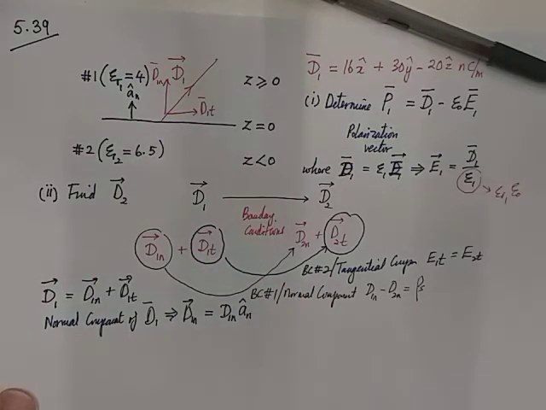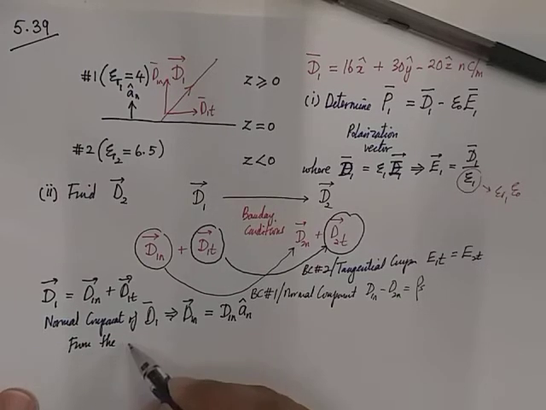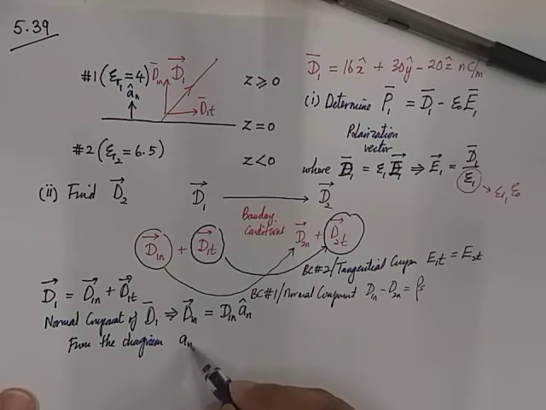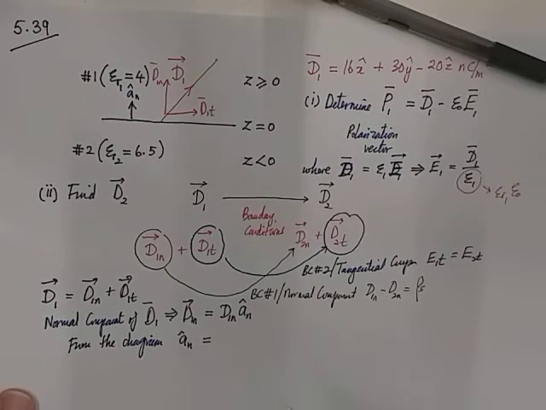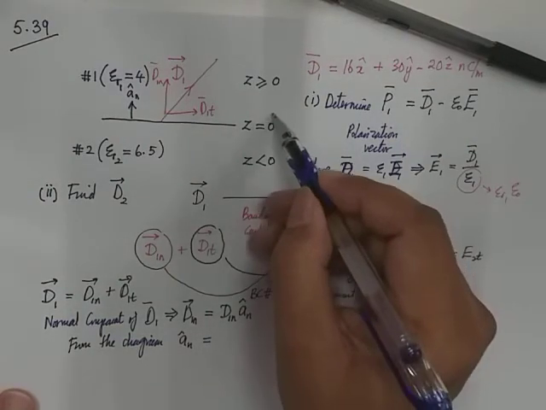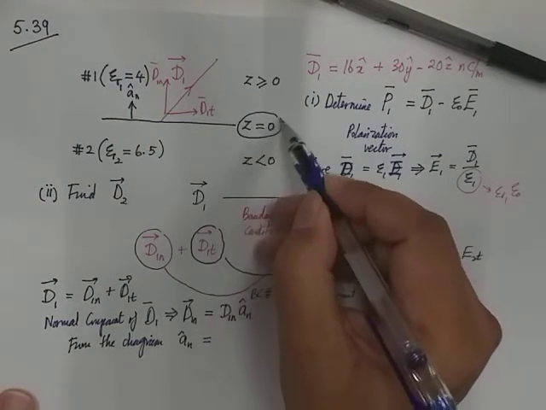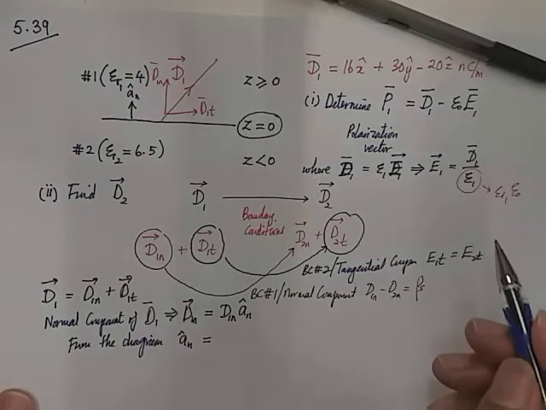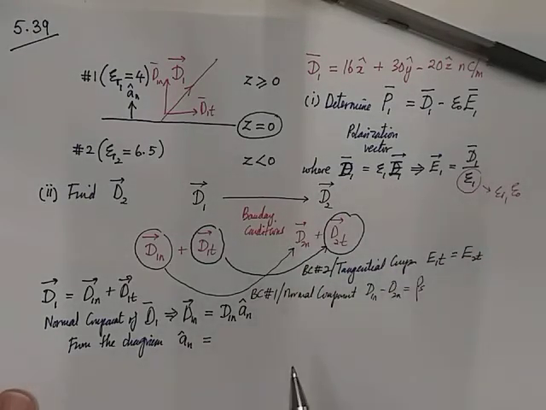So from the diagram above, what can we conclude? AN is equal to what? What is the equation of the boundary? You have the z equal to 0 plane. What should be the unit vector to that plane?